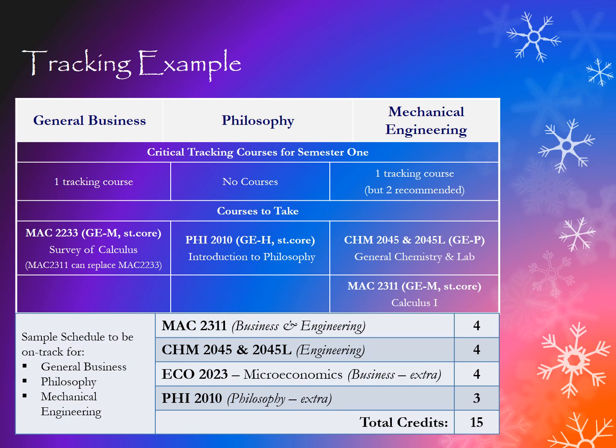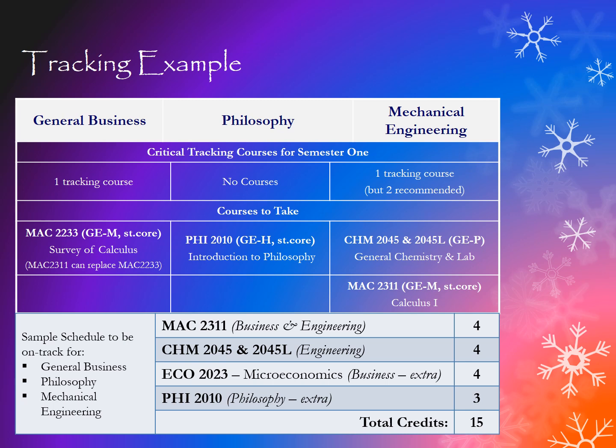So then if we're actually building a full schedule for the student, you'll notice that we've got Calc 1 on here, which covers our business and engineering tracking. We've got Chem 1 and Lab on here, which goes beyond engineering tracking into the 2 recommended classes as opposed to the 1 required. We've got ECO 2023 on here, which is an extra class that helps with business tracking.